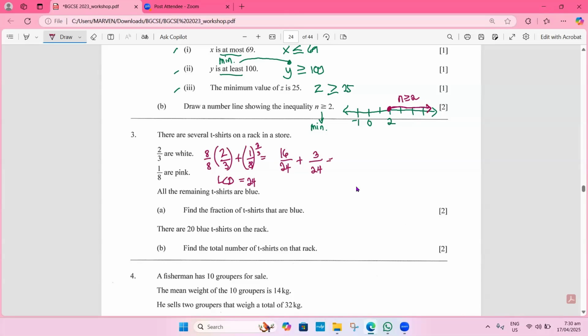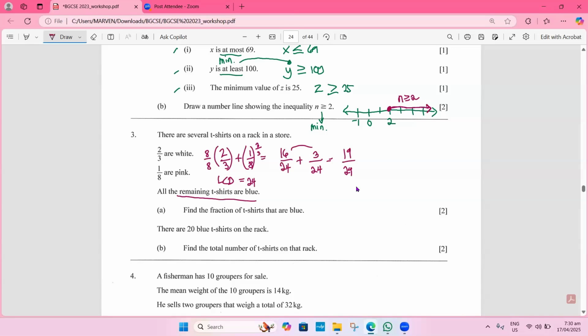And since they are now similar fractions, we can simply add the numerators. 16 plus 3 is 19 over 24. So this is the part, or this is the ratio when we combine the ratio of white shirts and pink t-shirts. Now we're asked to get the fraction of the blue t-shirts.